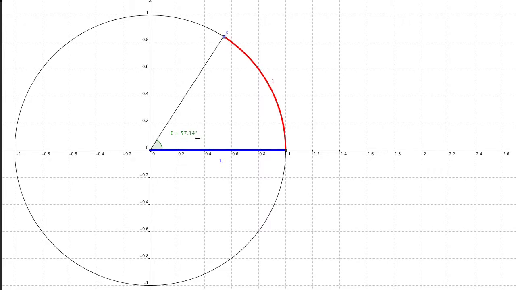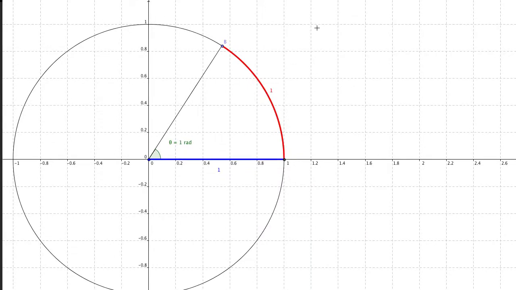There is a different way for measuring angles, and those are called radians. And the convenient fact about radians is that if the arc length is the same as the radius length, our angle theta is said to be 1 radian large. And the reason for that is because by definition, an angle theta is a comparison between the arc length and a radius.